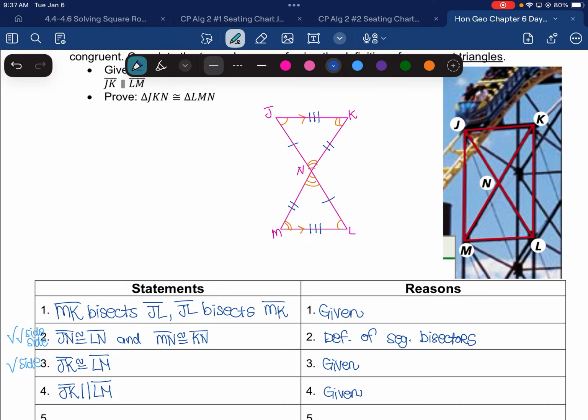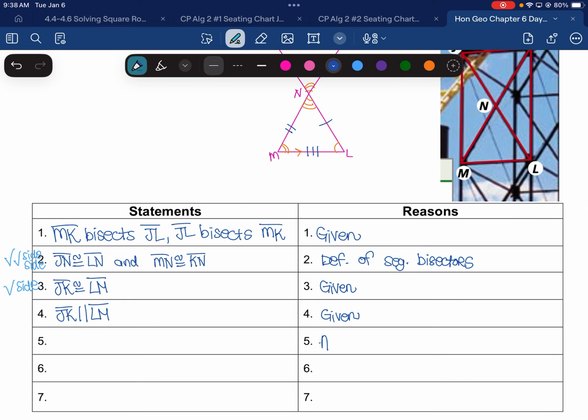That's what goes after them. Remember that those angles are going to be by the alternate interior angles theorem. So I want you to try to finish this. Alternate interior angles theorem, third angles theorem or vertical angles, and then just definition of congruent triangles.